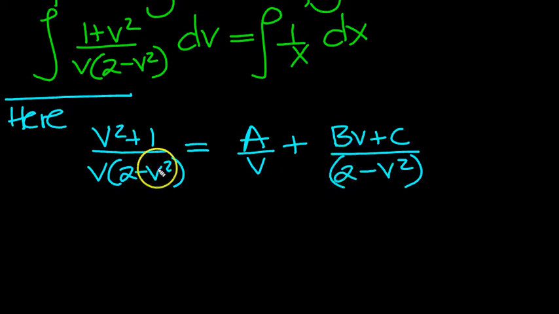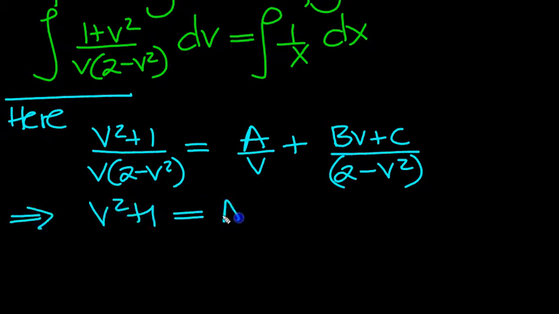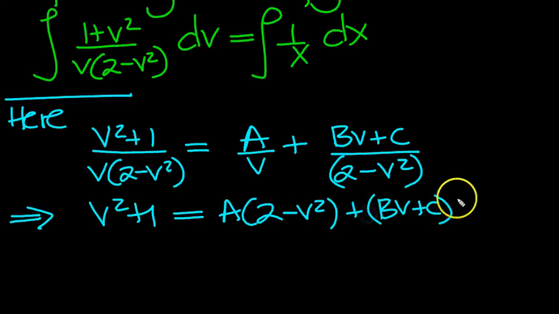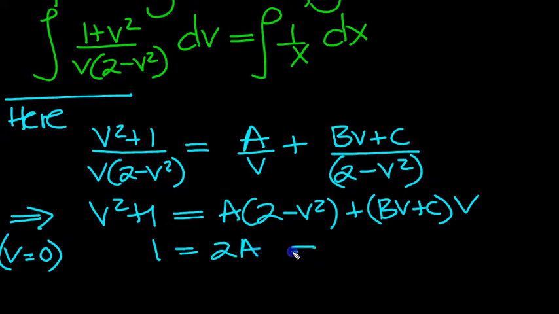That's the rules. So multiply by the denominator then. That gives v squared plus 1 equals A times 2 minus v squared, plus Bv plus C, all times v. Put in v as 0 as the first one, and we'll get rid of the second terms and just get A. So you get 1 equals 2A, don't you? So A is a half.